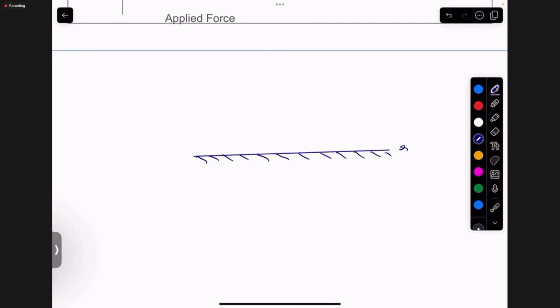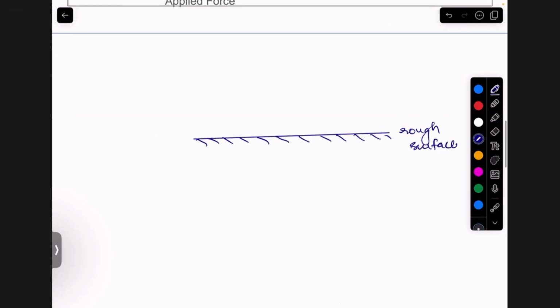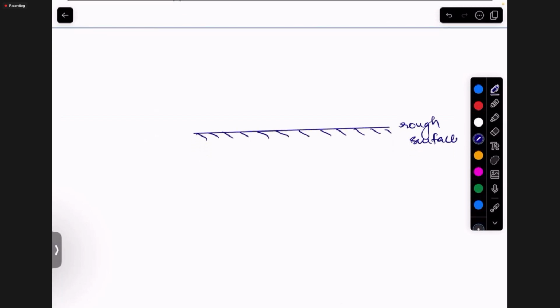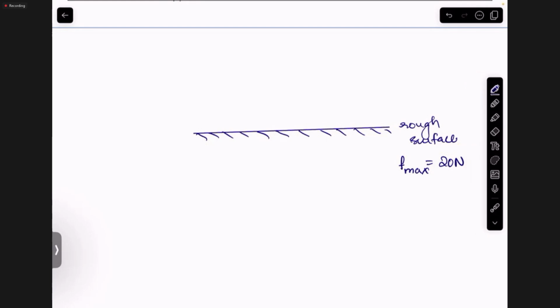Now we are talking about rough surfaces, and I'm saying that this surface can provide a maximum friction of 20 Newton. Okay, 20 Newton can be provided.